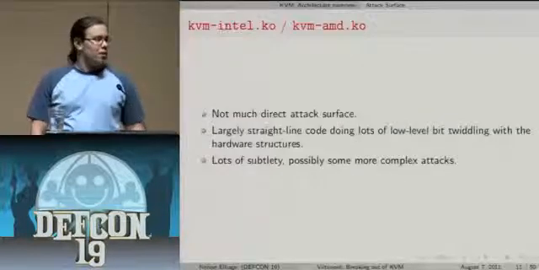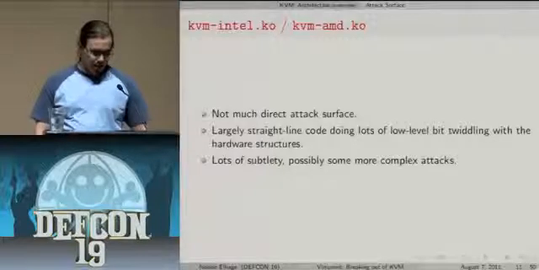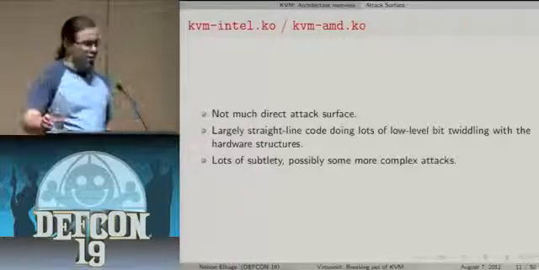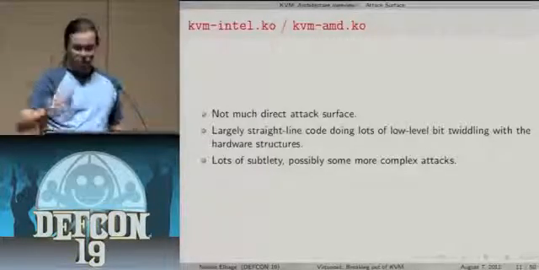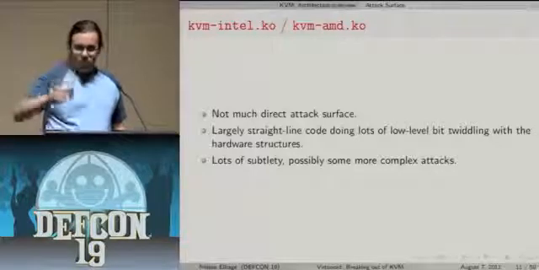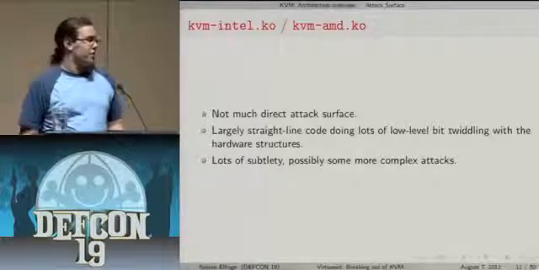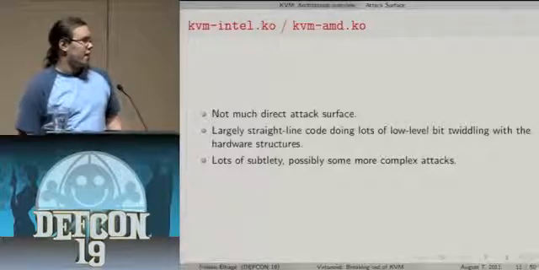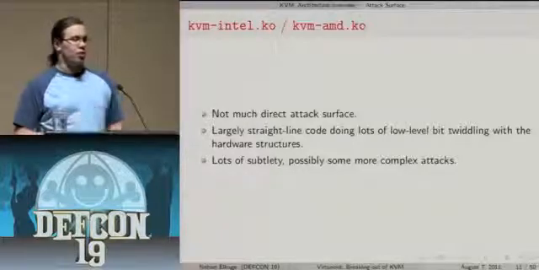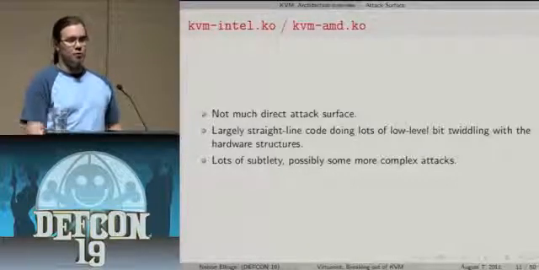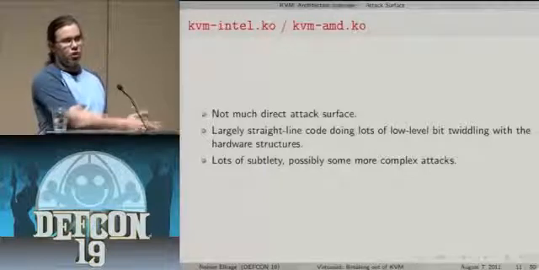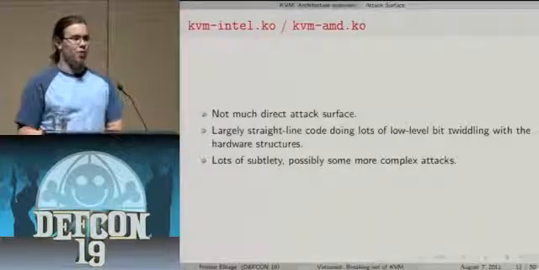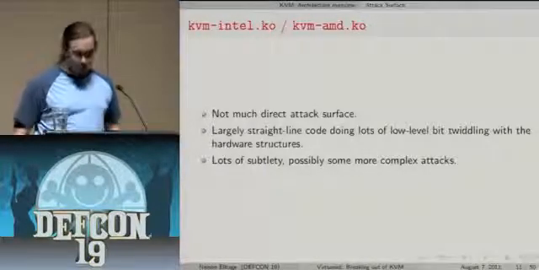KVM Intel and KVM AMD.ko, the kernel modules that interface with the hardware, are not super interesting targets because there isn't a ton of code there. It's mostly straight line code that just translates between the kernel's data structures that represent the VM and how the hardware wants to model those, and just bridges back and forth.